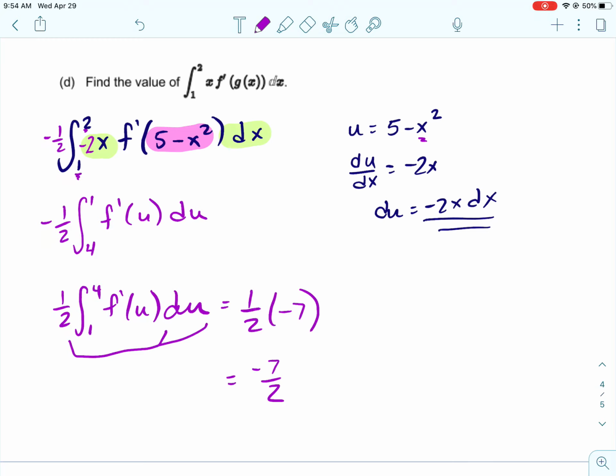And so we're looking at that area, which is 7, and because it's below the x-axis, it's going to be negative 7. All right, and so that's going to end up giving us negative 7/2. So that used a lot of different aspects of integration to do.